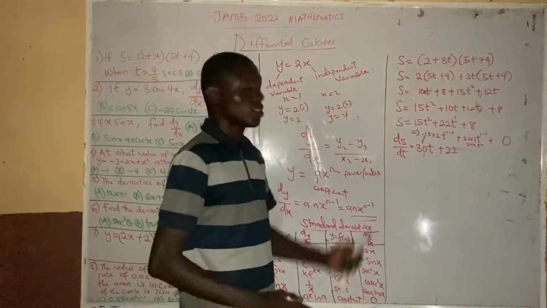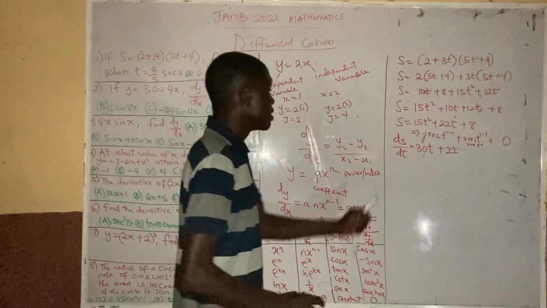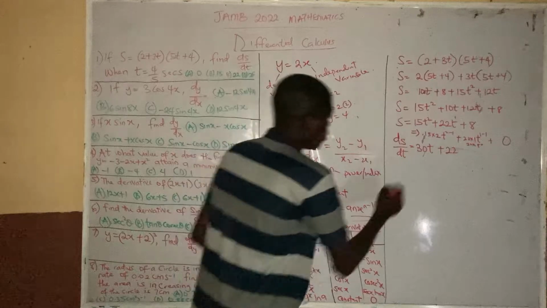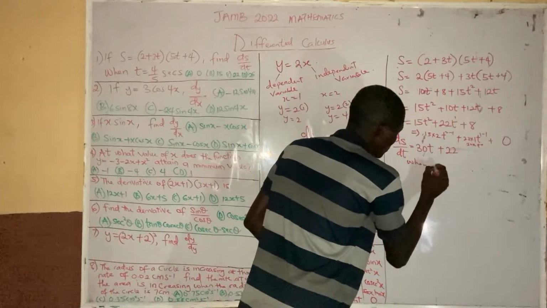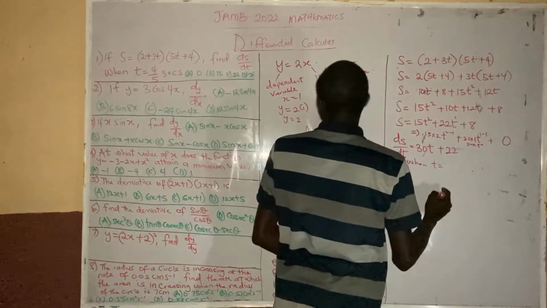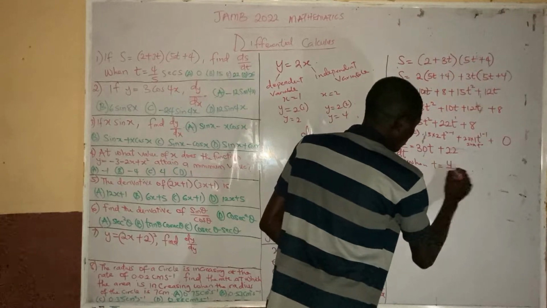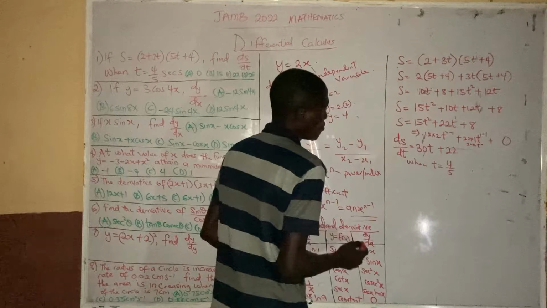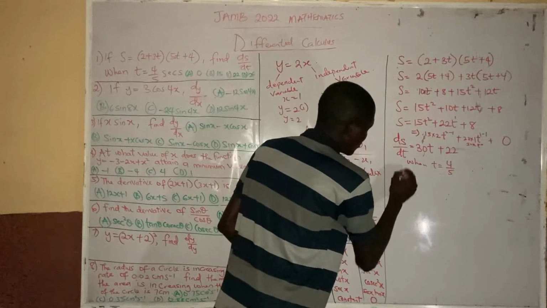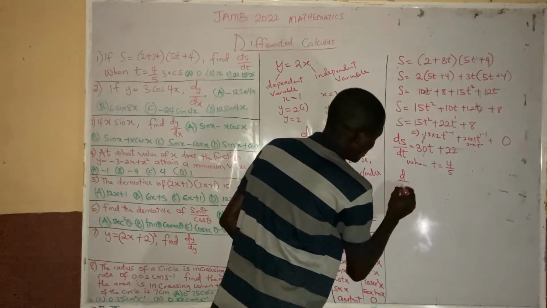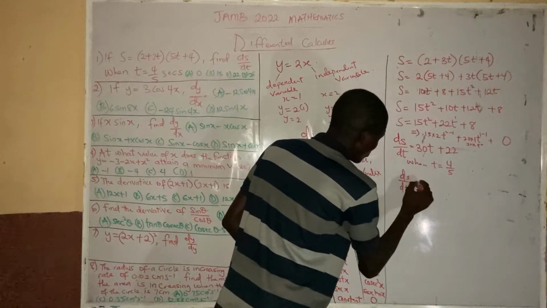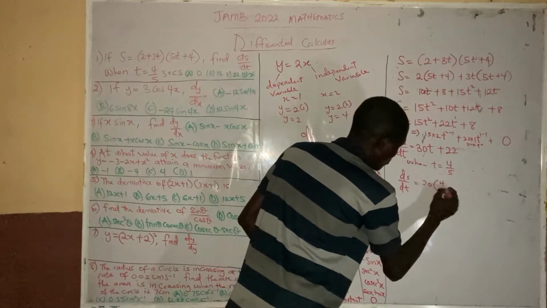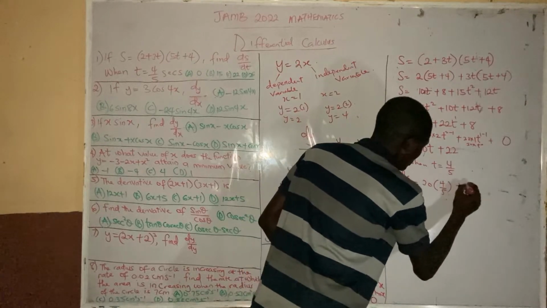Now, what will be the differential when t is equal to 4 over 5? You put 4 over 5 inside the derivative that we have. We have 30 in the bracket 4 over 5 plus 22.